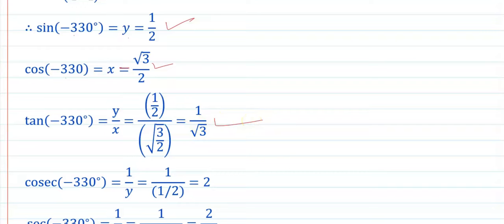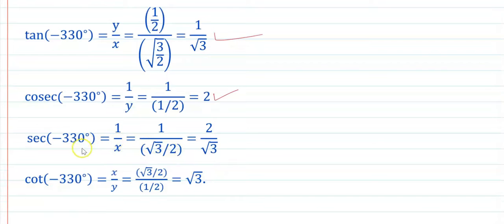Now the next, cosec of minus 330 is equal to 1 upon y, that is 1 upon 1 upon 2, and then you will get 2. Sec of minus 330 is equal to 1 upon x, 1 upon root 3 by 2, and hence you will get 2 upon root 3. Cot of minus 330 is x upon y.